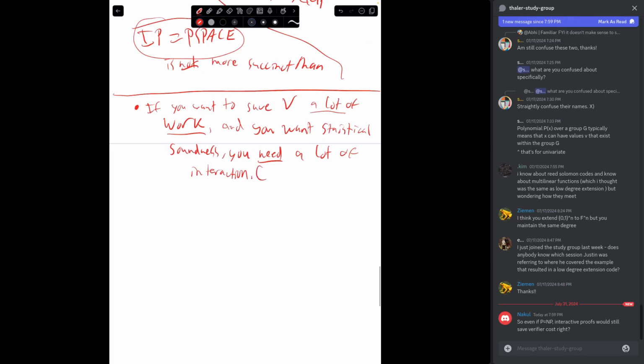Like more than constant, logarithmically many rounds of interaction.